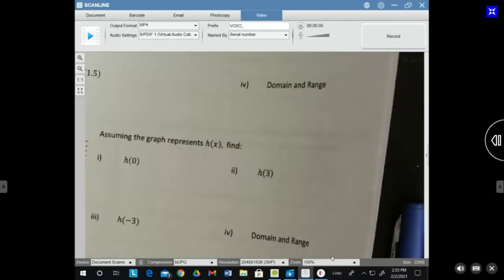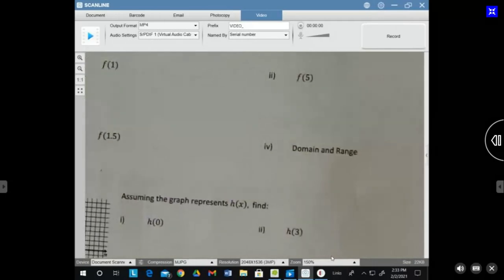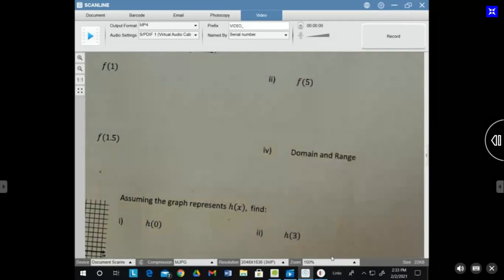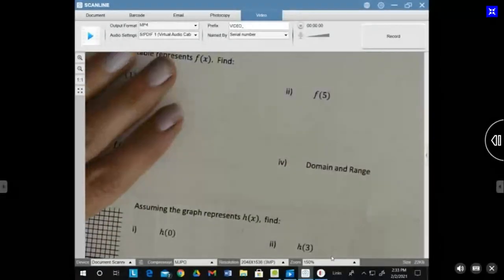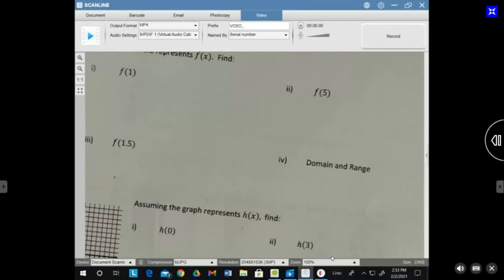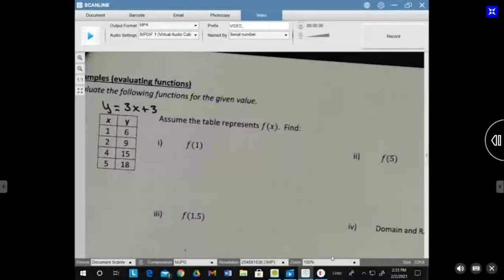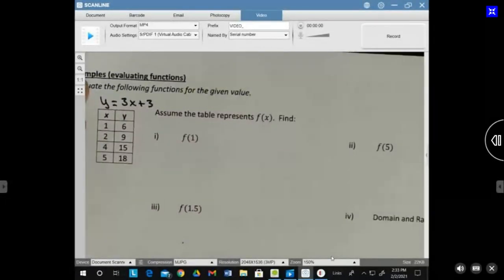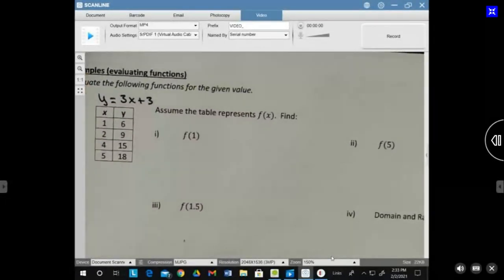Okay. Talking some more about those f of x. Looking at your table, guys, I'm not going to do all of these. I'm going to leave some of it up to you to finish.